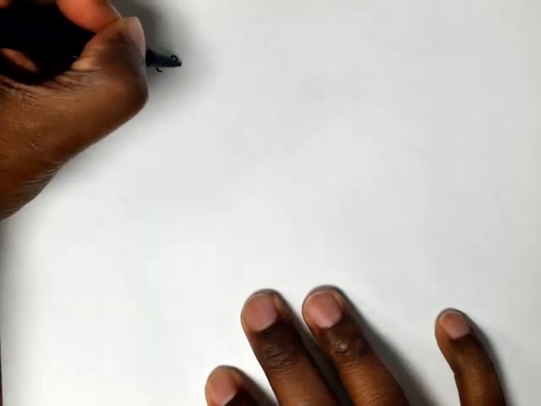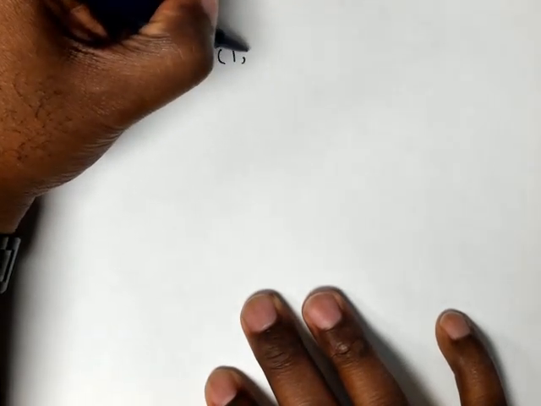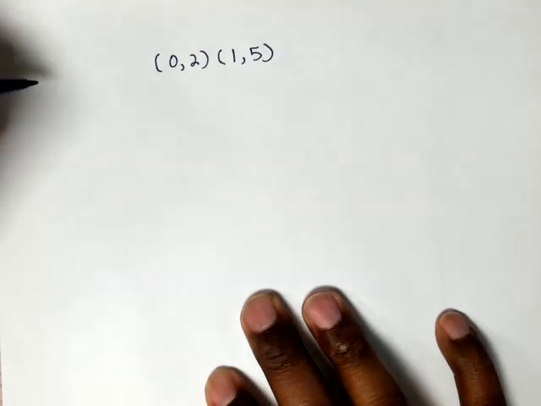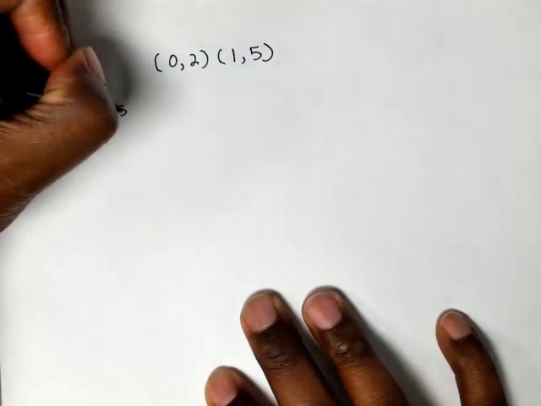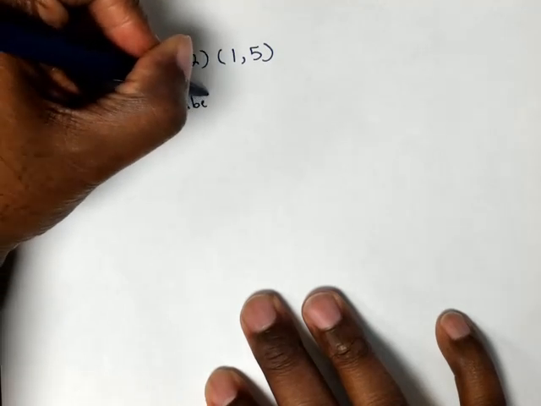So we went into what slope is, the formulas, and the four types. I'm going to show you how to find it now. We can find it from ordered pairs. Say they gave us (0, 2) and (1, 5). Step 1, label your x's and y's.